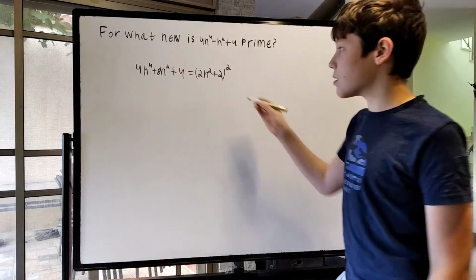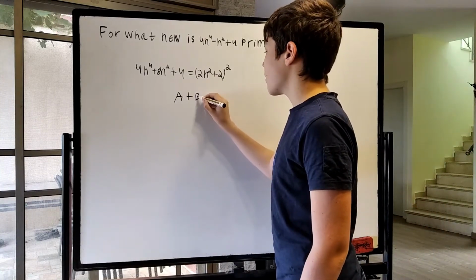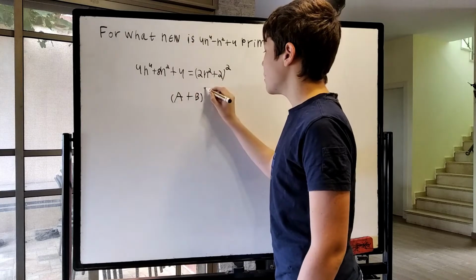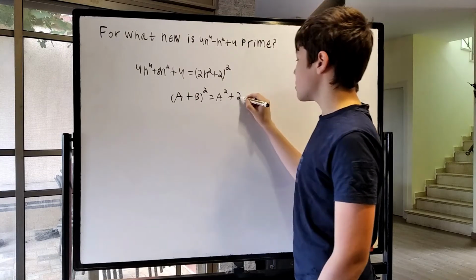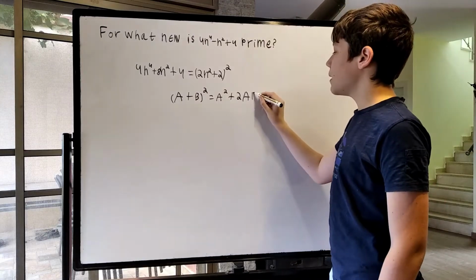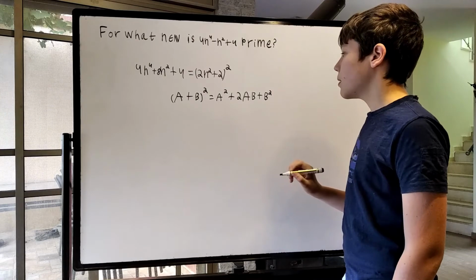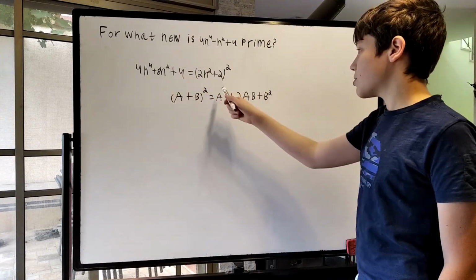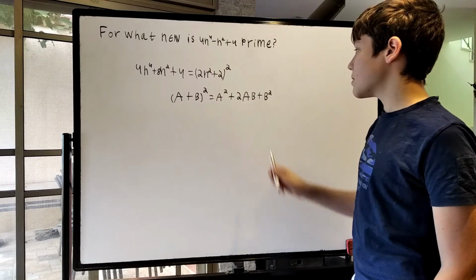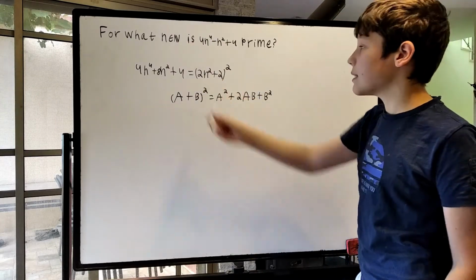And that's because of the formula of a sum squared. A plus b squared is a squared plus 2ab plus b squared. And that's what this is. A is 2n squared, b is 2. And then when putting that in, you can see that this is true.